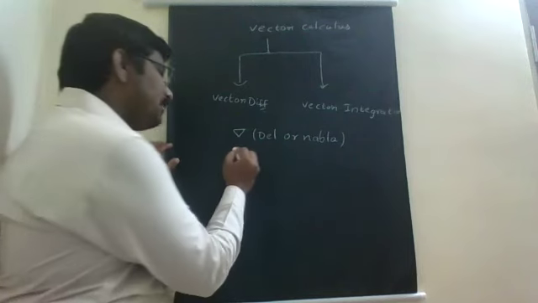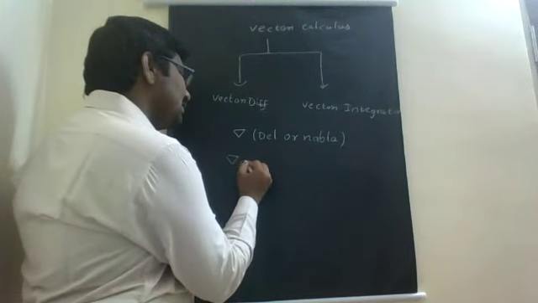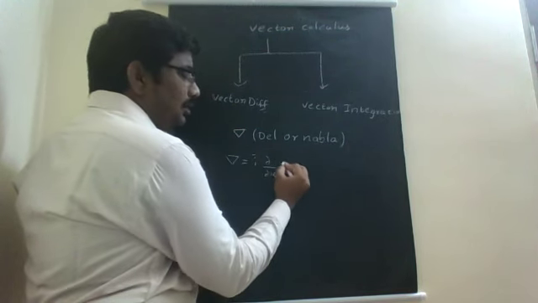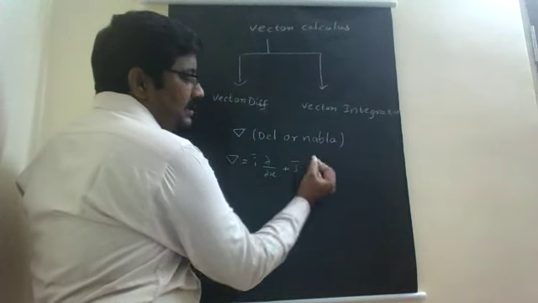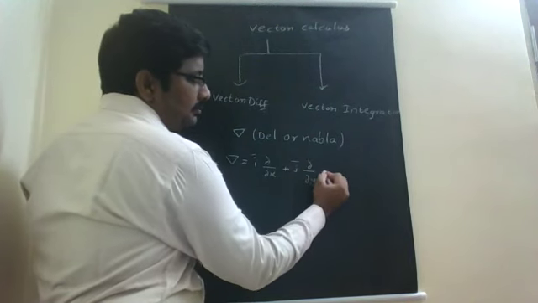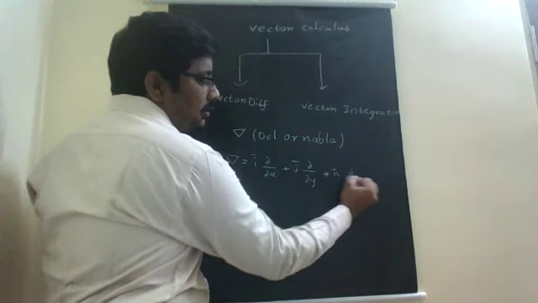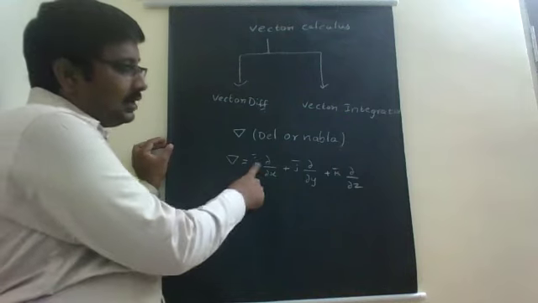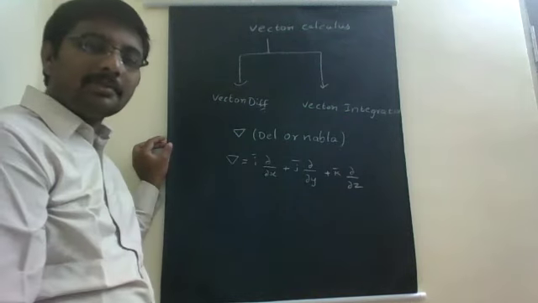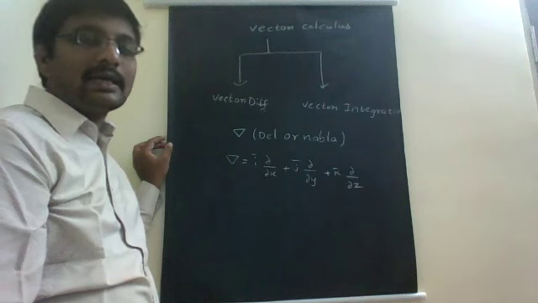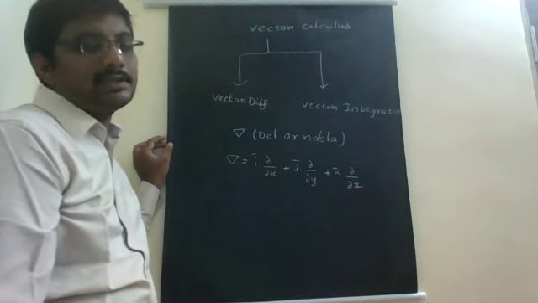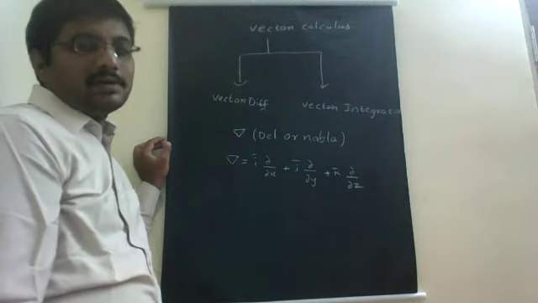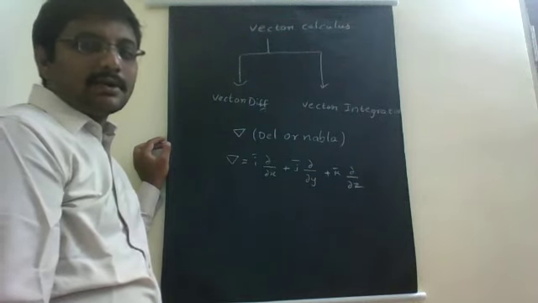The vector differential operator is defined as del is i bar dou by dou x plus j bar dou by dou y plus k bar dou by dou z, where i bar, j bar, k bar are unit vectors along the x axis, y axis and z axis respectively. Dou by dou x, dou by dou y, dou by dou z are the partial derivatives with respect to x, y, z.